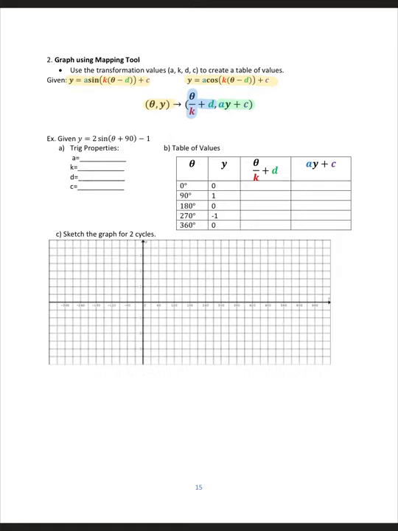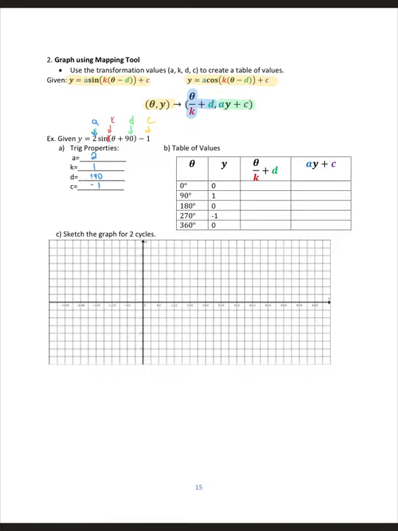If we have y equals 2 sine of theta plus 90, minus 1, we can identify, just like we did using the other method, what these variables are. So our k value is just 1 because there's nothing there. Our d is a plus 90. And finally, our c is a minus 1. So we'll just write that information in here.